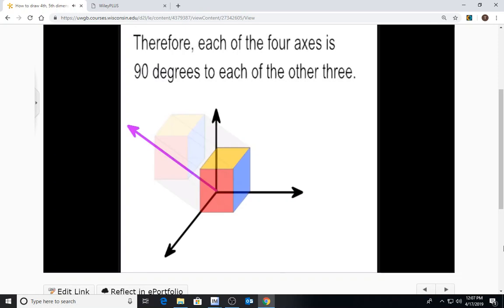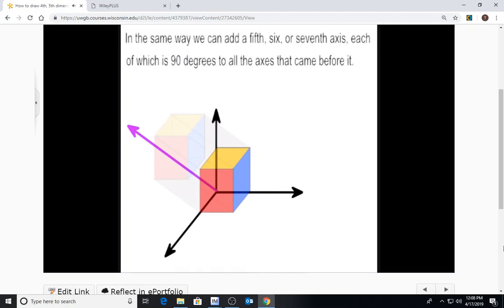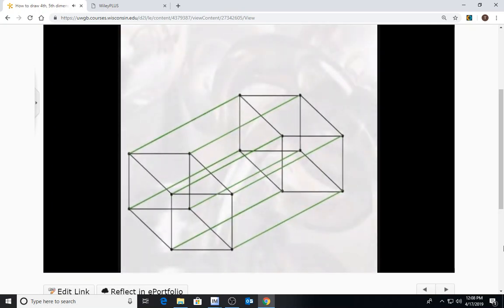Therefore, each of the 4 axes is 90 degrees to each of the other 3. In the same way, we can add a 5th, 6th, or 7th axis, each of which is 90 degrees to all the axes that came before it.